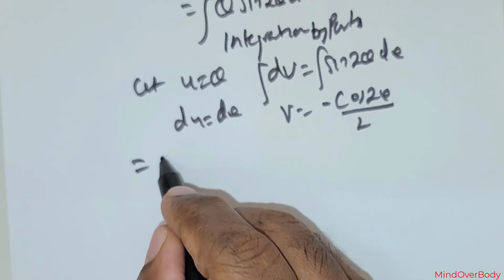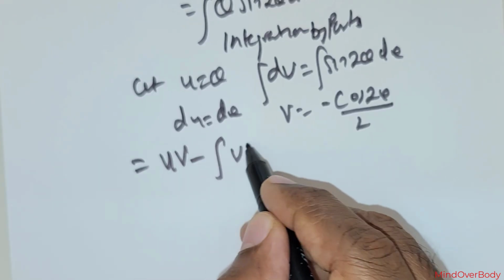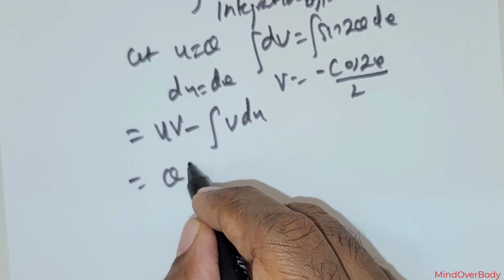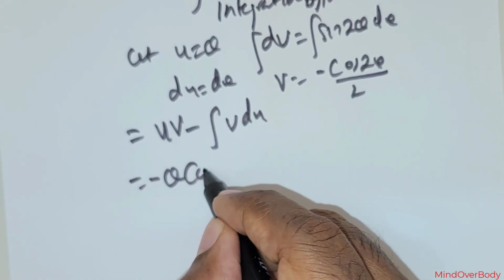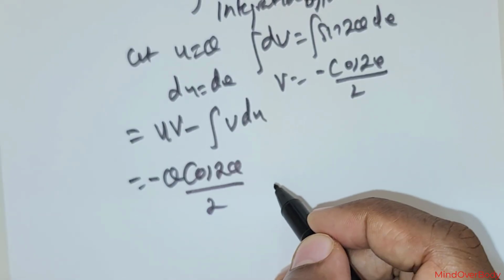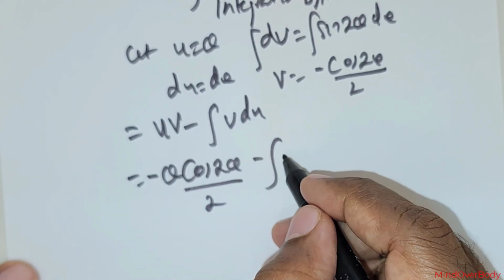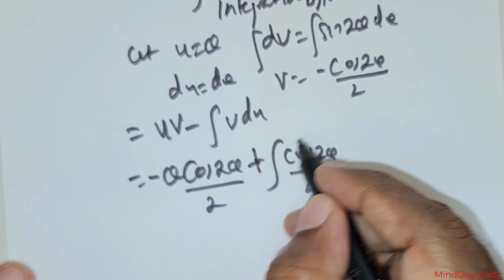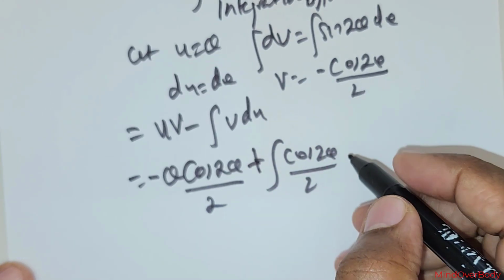So what is the integration by parts formula? uv negative integral v du. So what is my u? Theta. What is my v? Negative cos 2 theta over 2. This will be positive because of the fact that v is negative.